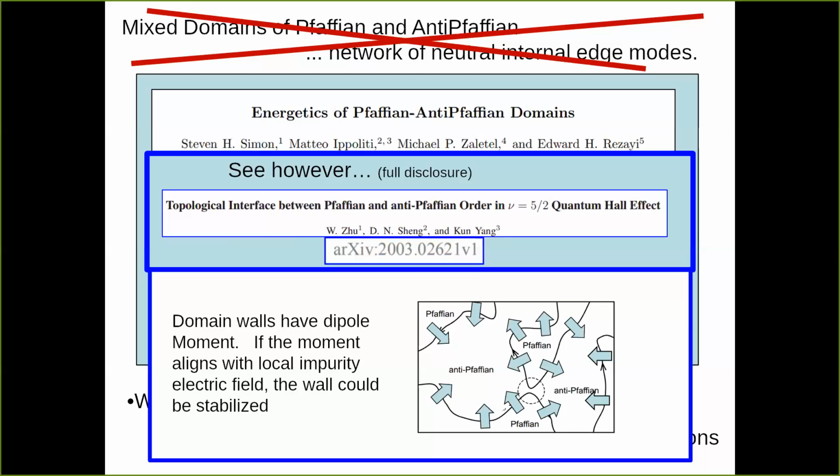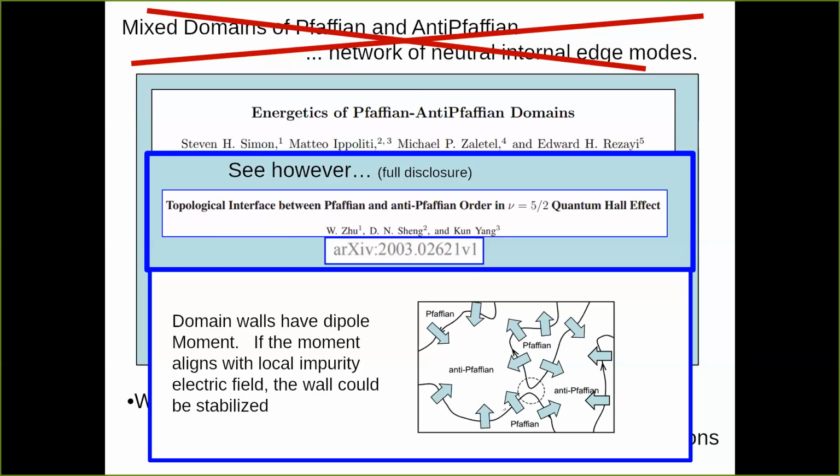withholding complete judgment still. But Steve, wouldn't you expect the domains to grow in size as you decrease the temperature? Not necessarily. You might. I mean, you're thinking about annealing of domains where you have domains sort of joining together.